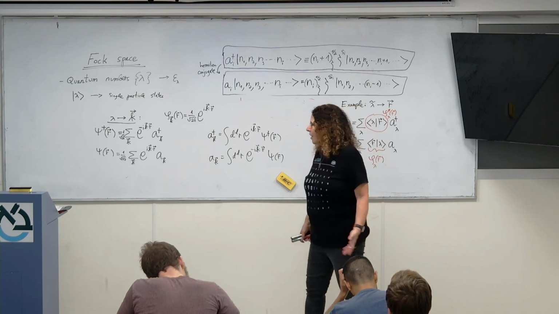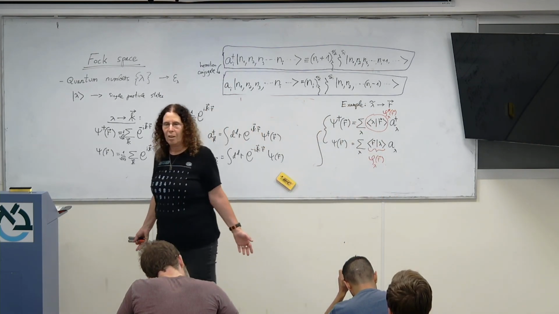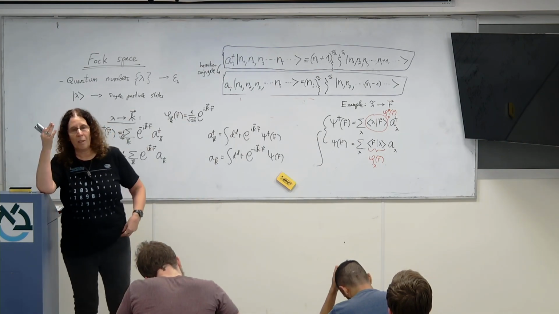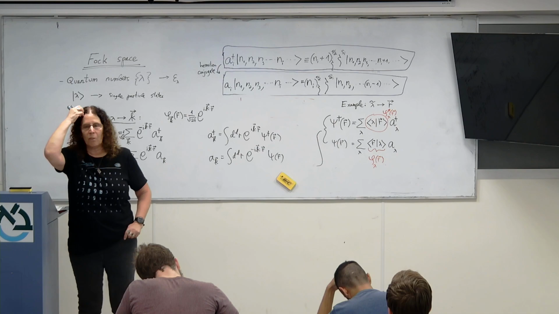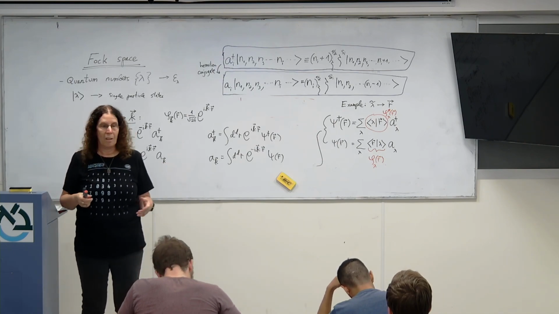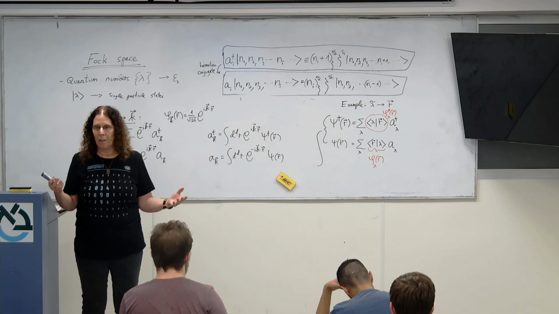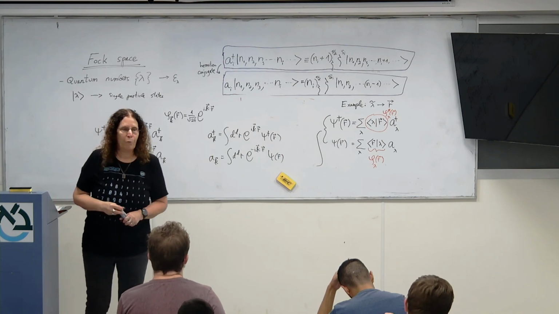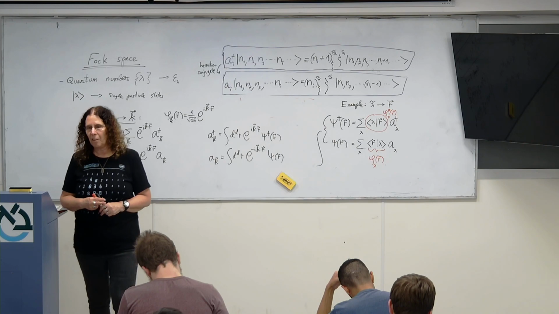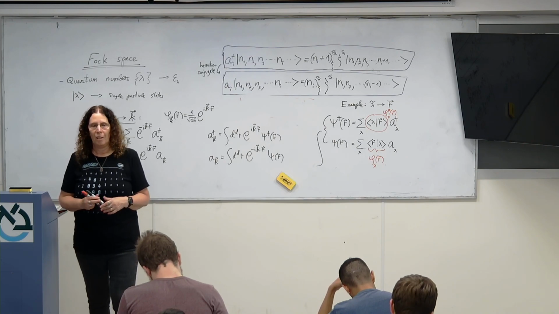And essentially, just like in any elementary quantum mechanics problem, what is our ultimate goal? We have a Hamiltonian that describes the system of many particles. We want to find its ground state, we want to find its excited states, we want to find the energies.